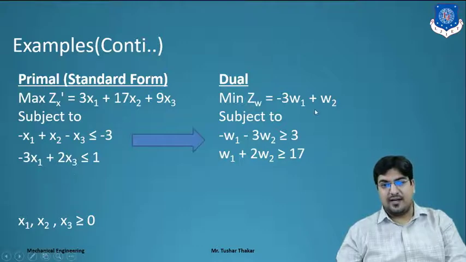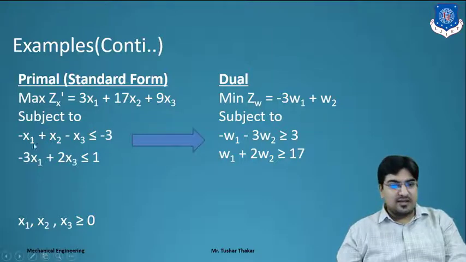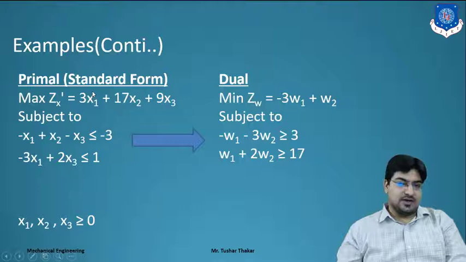So we get two variables for minimizing z in the dual, which is subject to the following. Here -3x1 is a12, so the column parameters we have to put into the row parameters. So the equation is -w1 - 3w2 ≥ 3, where 3 is the coefficient of the primal objective function, right?